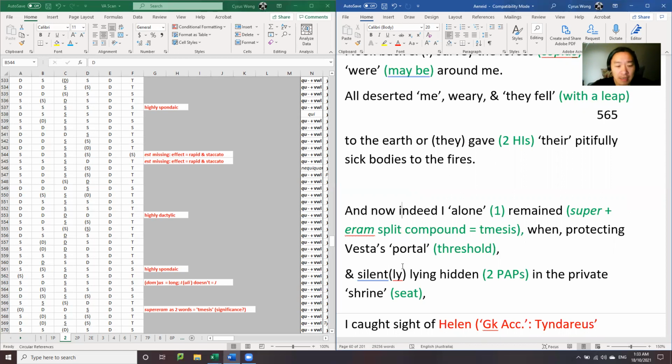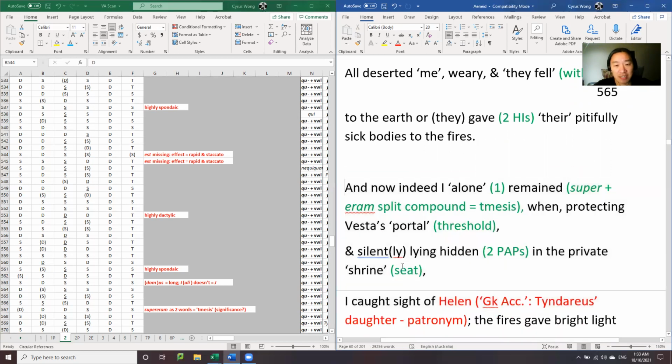So one of those things where it could be anything, drawing attention to the line. So you could say this is a moment, and the temesis could draw attention to Aeneas here in this very important place, just when he's about to catch sight of Helen and become enraged.